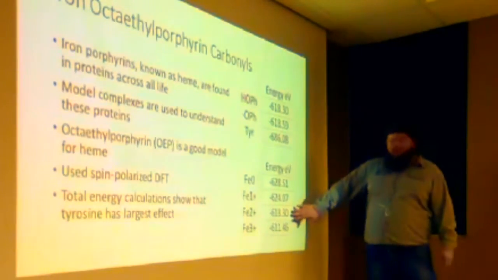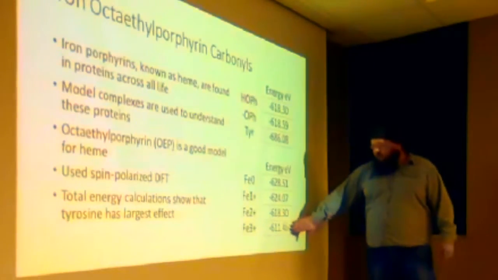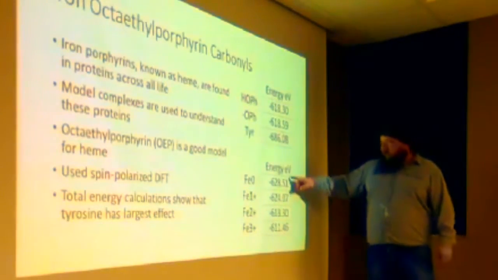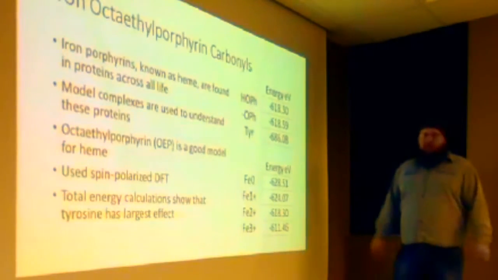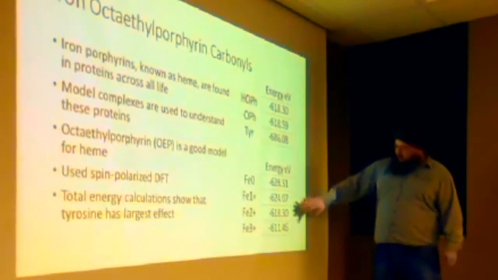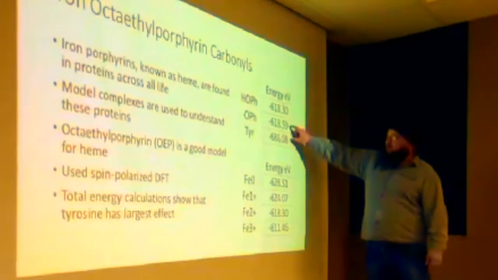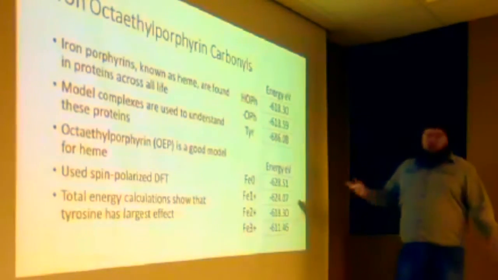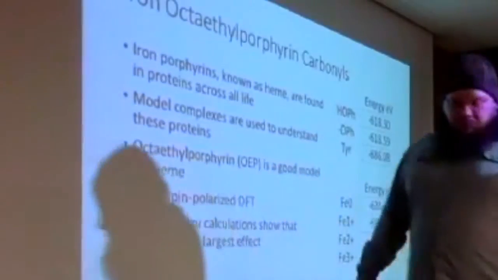Usually carbonyls bind to the ferrous iron state, but they do have some affinity for ferric, and these other states can be accessed through enzymatic activity. So if you're looking over these, there's only a little over 15 eV difference, where the difference between these two here is on the order of 60 or 70 or so. So there's a big difference from that tyrosine.